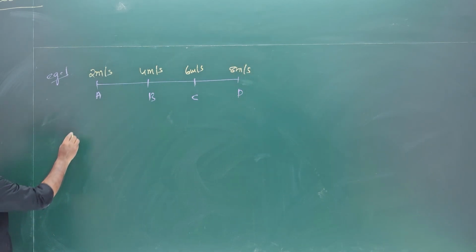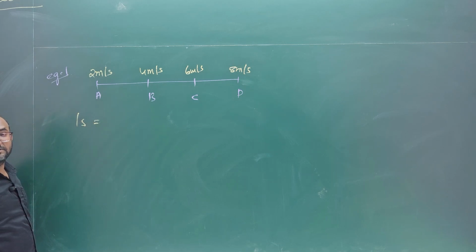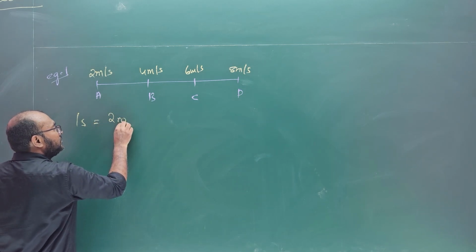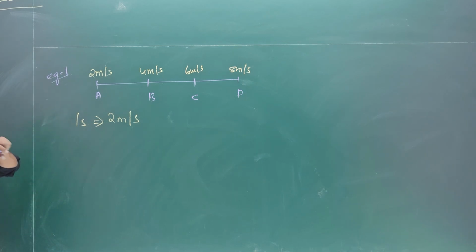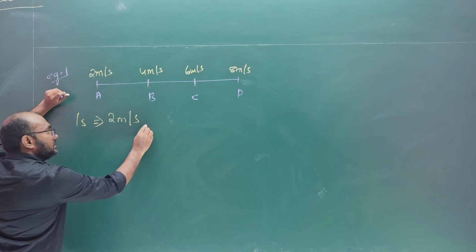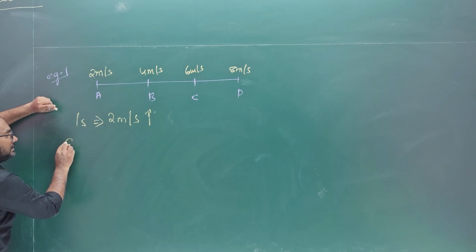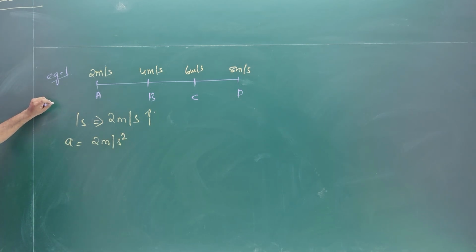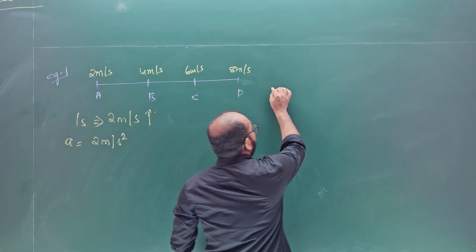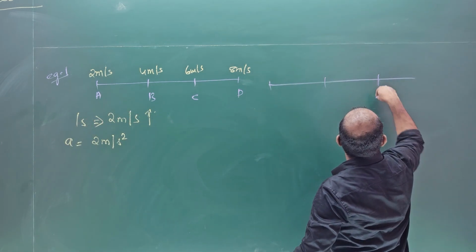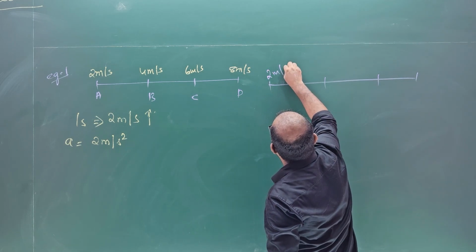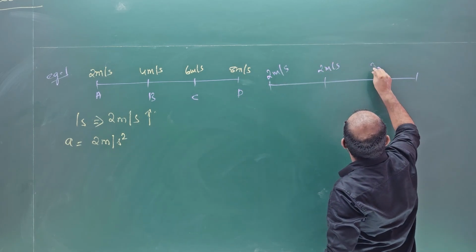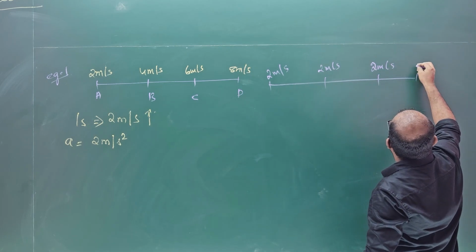So in 1 second, how much is the velocity changing? 2. So in 1 second, 2 meter per second velocity is increasing or decreasing? Increasing. So can I say that acceleration is nothing but 2 meter per square second? Okay, 2 meter per square second. Now first thing, what is the difference between 2 meter per second and 2 meter per square second?